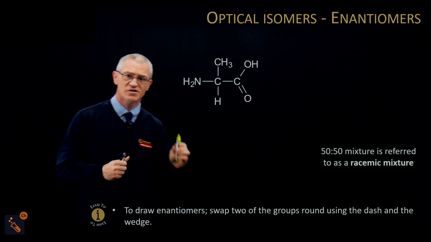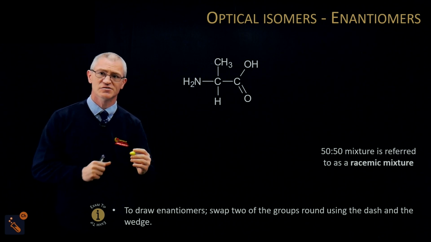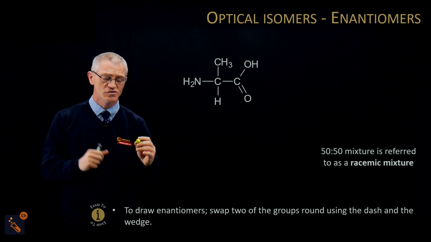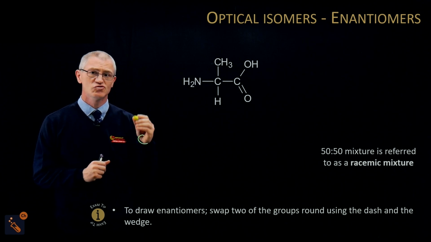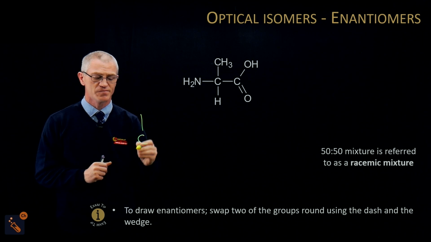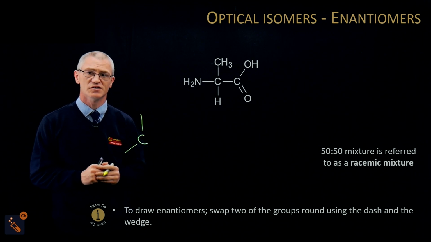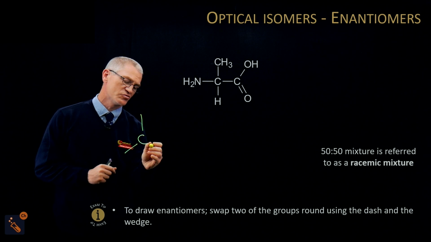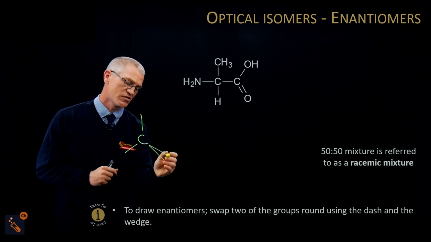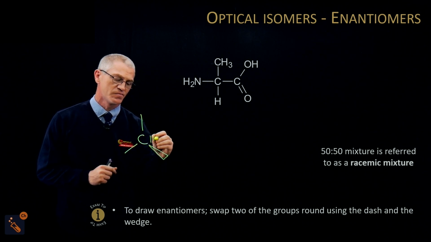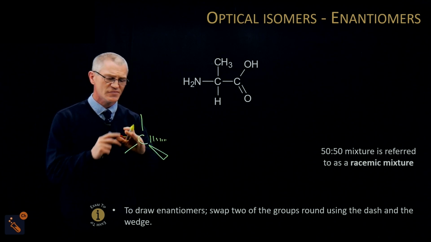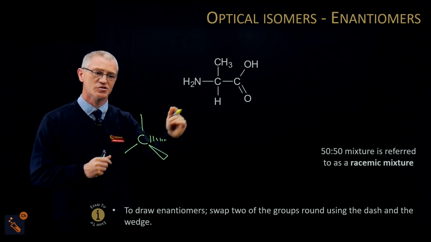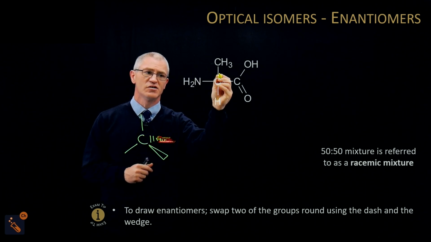So first of all, and this is the process every single time, you take your carbon, the carbon that is at the center, and you draw 2 bonds in the plane. So there's your 2 bonds in the plane. You then draw your dash and your wedge. And you just get used to drawing that picture. And then it doesn't matter how you put your different groups on, because we know our chiral carbon is this one here.